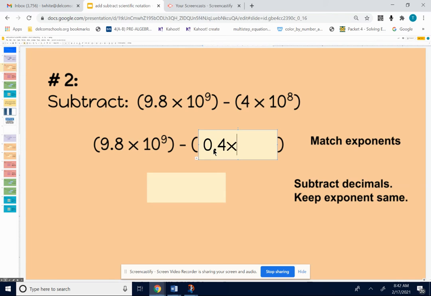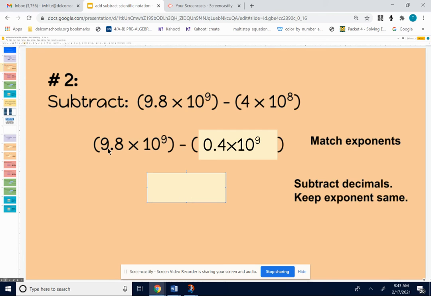0.4 times 10, and then I'm adding 1 to my 8. Control period to get my exponent. 0.4 times 10 to the 9. So I have 9.8 times 10 to the 9th minus 0.4 times 10 to the 9th. Now we're all matched up.